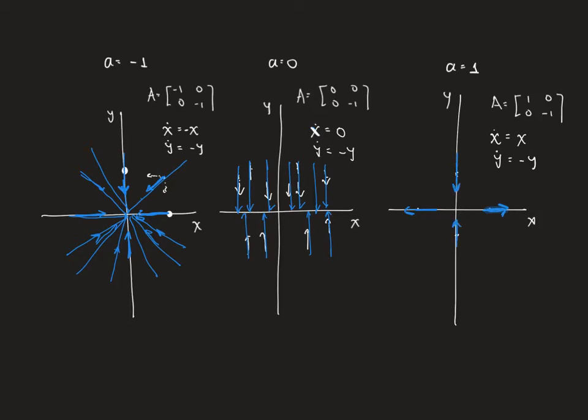Like this. And this is a very interesting fixed point. Again, here we have only one fixed point, but this fixed point is actually not an attractor, even though you have here a set of arrows pointing inwards.